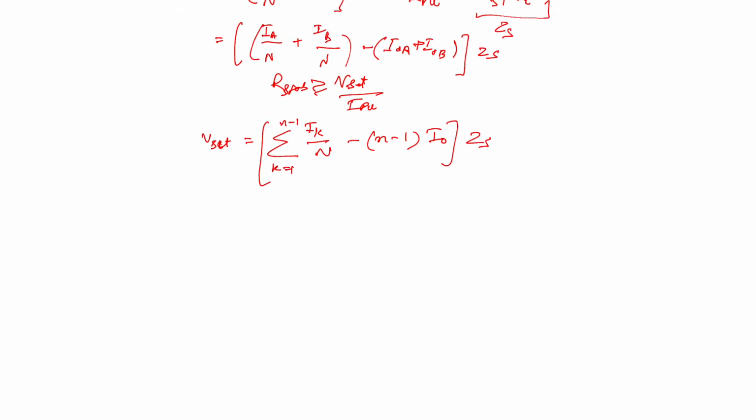We have generalized the equation of V set, where the subscript K varies from 1 to N minus 1, N being the total number of feeders terminating on the bus.